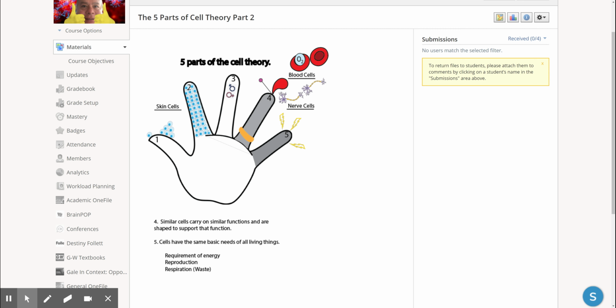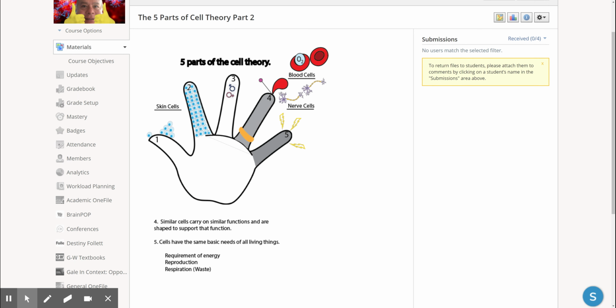They can communicate pain all the way to your brain so that you can remove your finger. So here's another example of the shape of the cell, the structure of the cell, supporting its function. It's made to communicate to the other nerve cells, and there's a string of them all the way from your finger to your brain. So their structure determines their function as well.